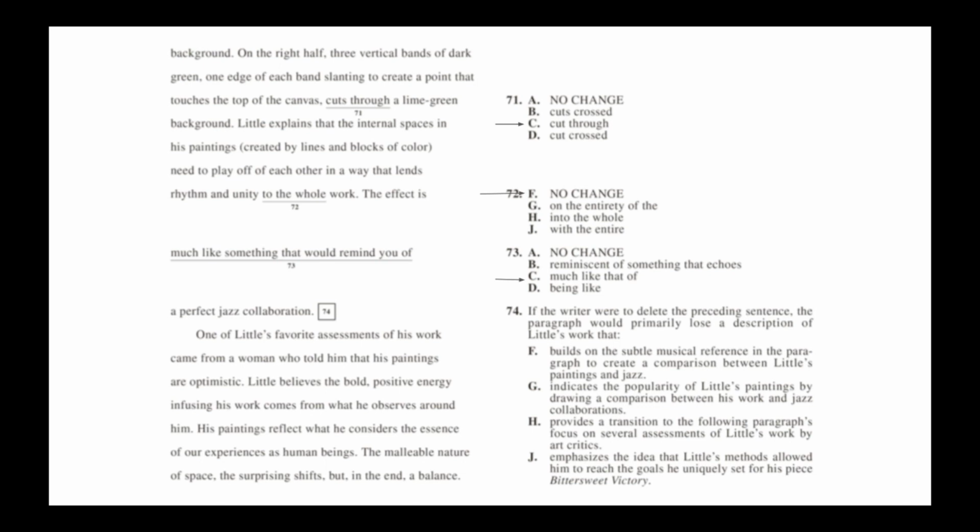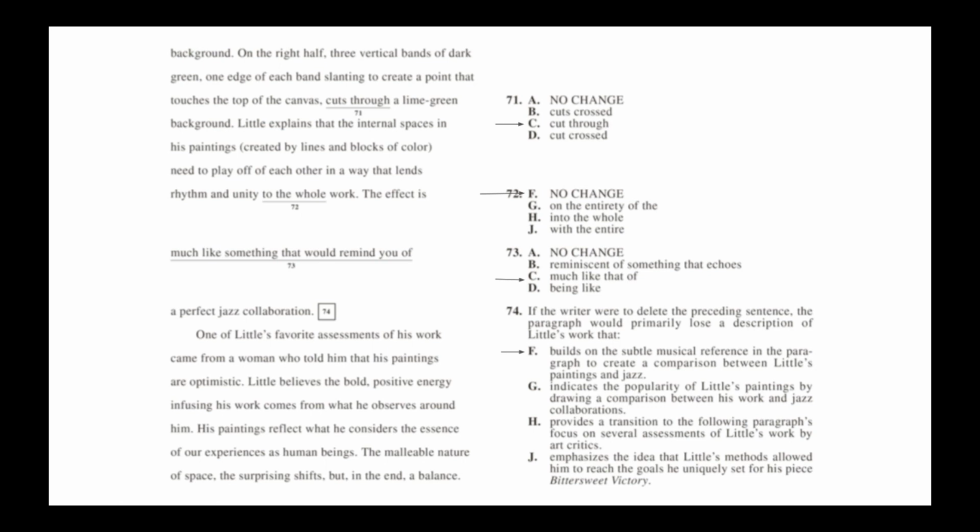And in this case, if you go through all the options, and if you reflect back on the passage as a whole, we know that F is correct because the sentence is building the subtle musical reference in the paragraph to create a comparison between Little's painting and jazz.